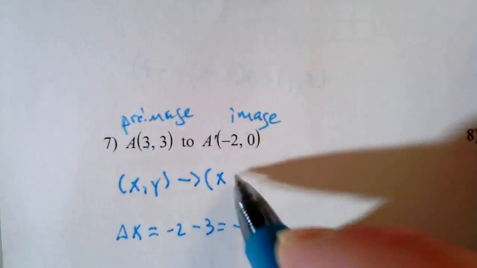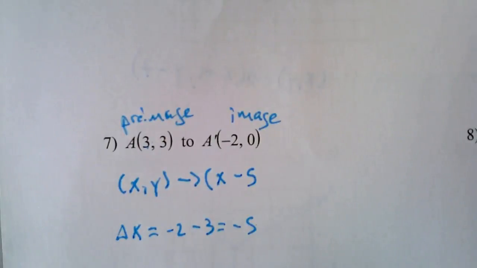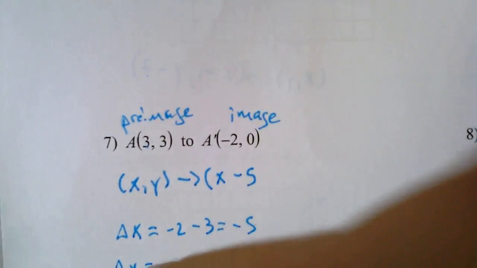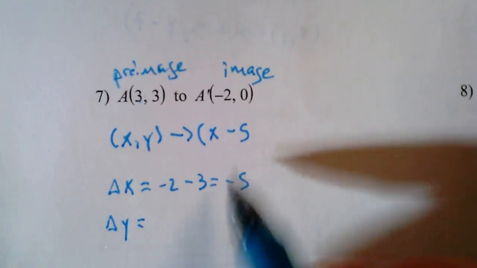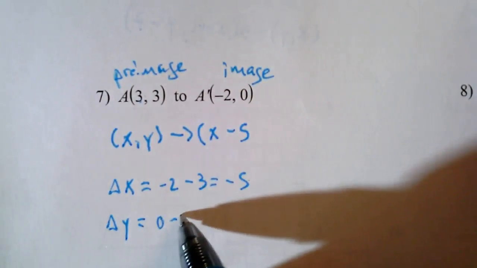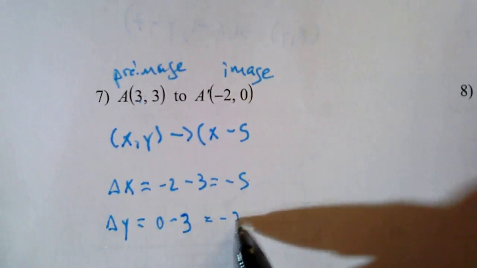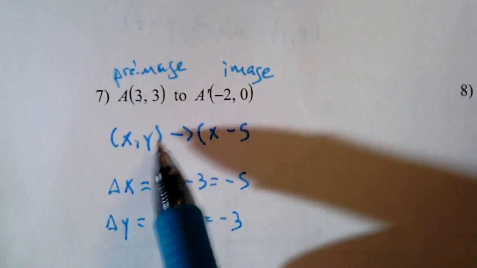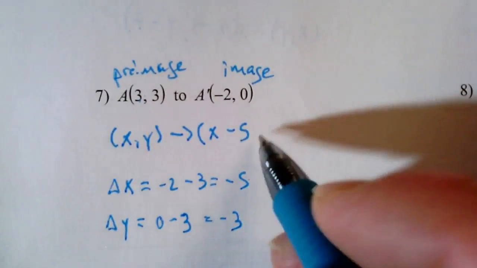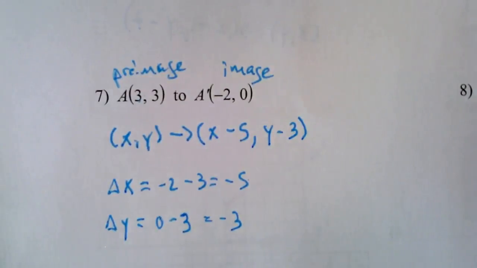So it's x minus 5. We move from 3 to -2, that's 5 spaces backwards. Our change in y is end, that's 0, minus beginning, that's 3, equals -3. So it went from 3 to 0, that's a down 3. So that's y minus 3.